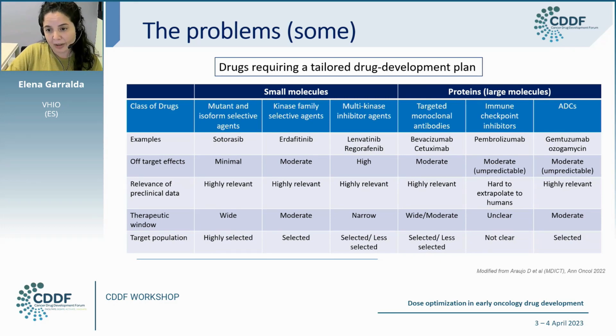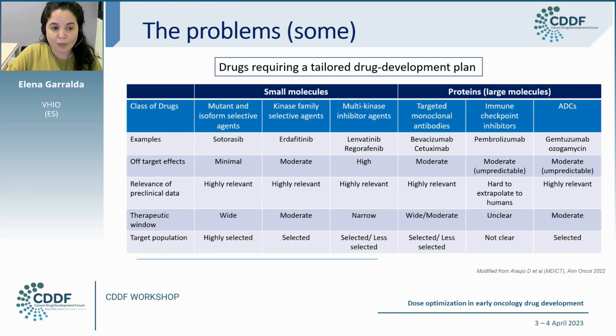And as I've mentioned, we are now developing multiple types of drugs, not only chemotherapy, and they have a lot of particularities. In this slide, you can see some of the differences that are going to make us different in how we develop these drugs. We're going to have drugs that have very limited off-target effects, such as mutant and isoform selective agents, versus multi-kinase inhibitors that are going to have high off-target toxicities.